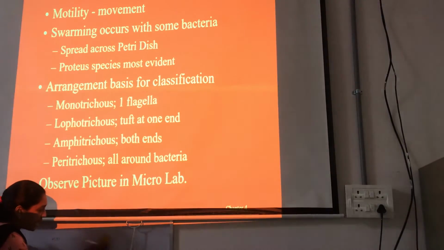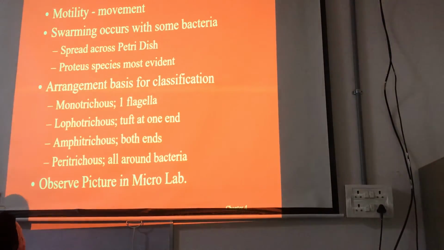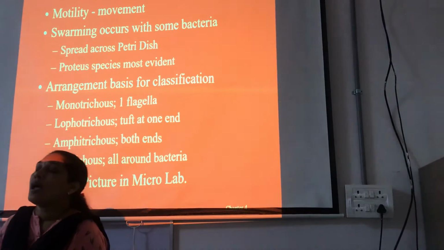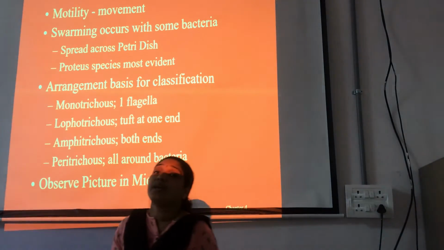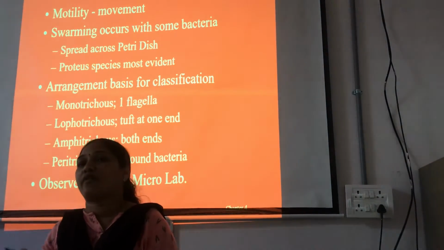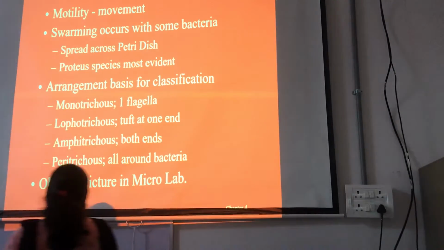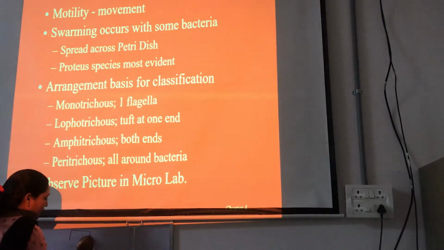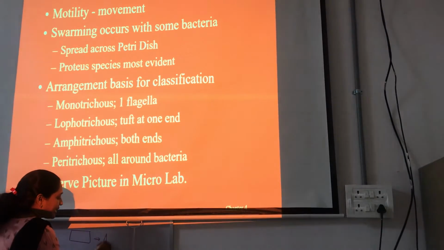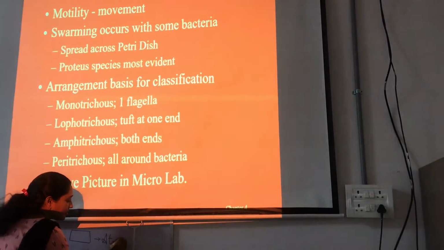As I told you, the bacteria may contain flagella or may not contain flagella, and its number varies from cell to cell. If it doesn't contain any flagella, we call it atrichous.